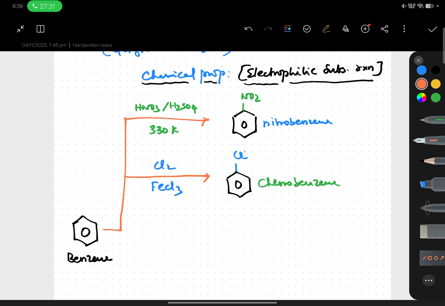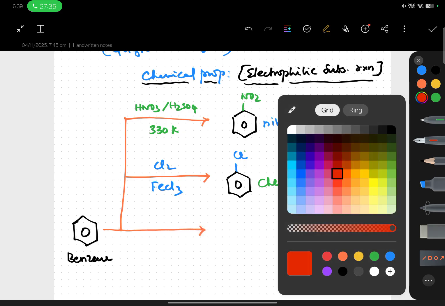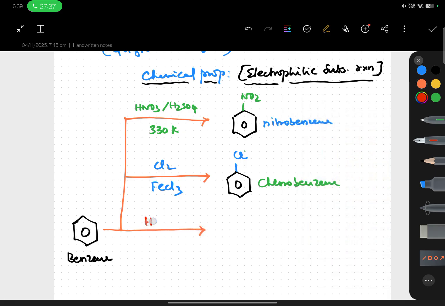Similarly, if it reacts with concentrated H2SO4, we'll get benzene ring with SO3H. We call this benzene sulfonic acid.